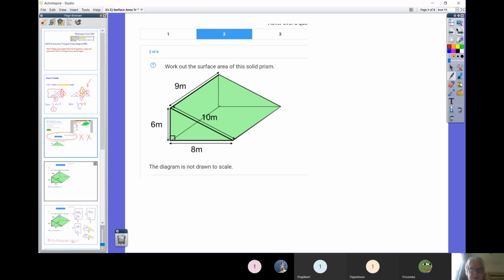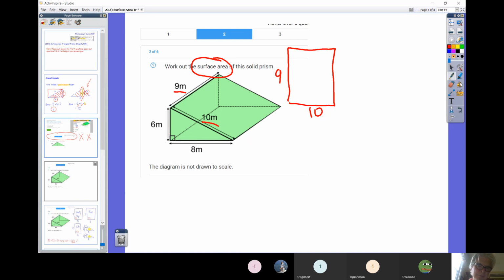Remember, surface area is when we're working out the wrapping paper that would cover the shape completely. So you just need to take your time on these. You've got to say to yourself, right, what have I got here? Well, I've got this top rectangle here. So just go and draw them on the side. That slanty rectangle on the top has got sides of 10 and 9.